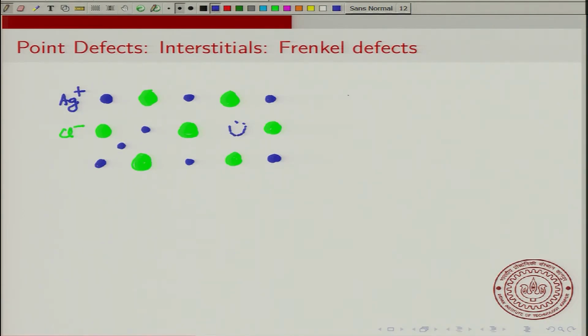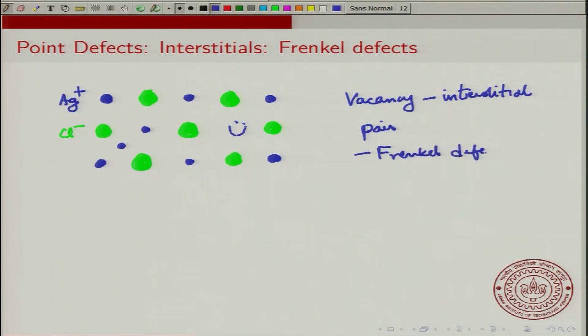Vacancy interstitial pair, this is a Frenkel defect. In particular this is referred to as a cation Frenkel defect, because silver plus is a cation and the cation is forming this Frenkel defect.